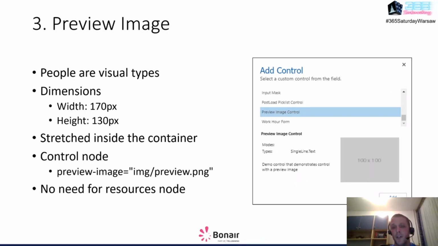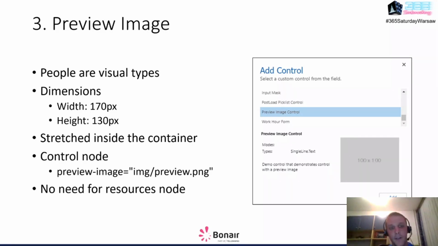You should keep that ratio, because if you don't, your image will just stretch, like you can see on the GIF on your right. It is not so good if your image is stretched. Maybe the UI elements are not visible or clear that way. So keep that in mind when creating your preview image for the control.